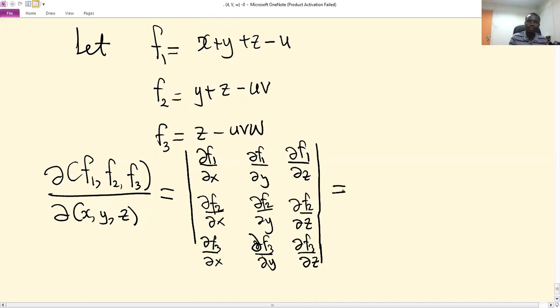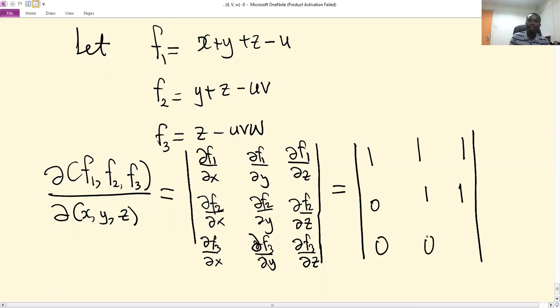This gives us: partial f1 with respect to x is 1, y is 1, z is 1. f2 with respect to x is 0, with respect to y is 1, with respect to z is 1. f3: x is 0, y is 0, z is 1. We are lucky, this is a triangular determinant whose value is just the product of the elements along the main diagonal, and the answer is 1.